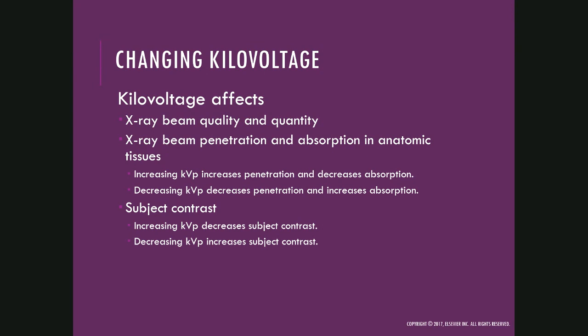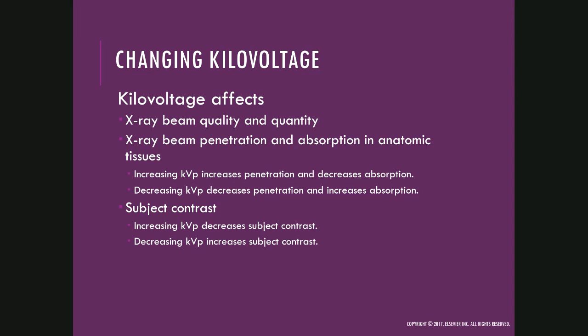What that does is it increases the energy of the electrons. The higher their energy is, the more likely they are to become X-rays, and the more energy that travels with that photon. Keep in mind that this affects the speed of the electrons in the tube, but not the speed of the X-rays once they exit the tube.